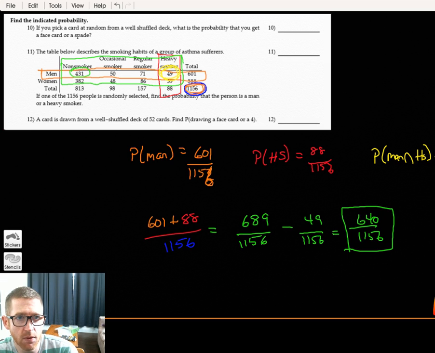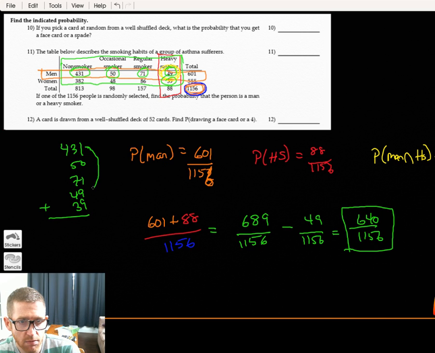We add 431 plus 50 plus 71 plus 49 plus 39. 431 plus 49 is 480, and 71 plus 39 is 110.